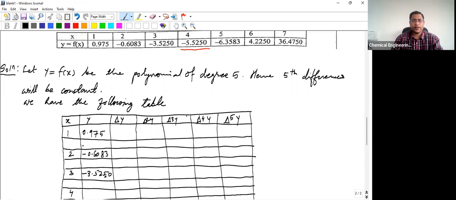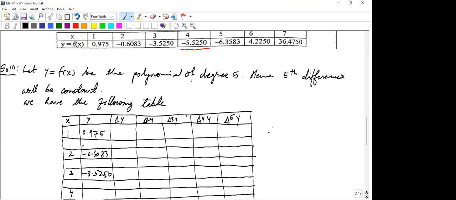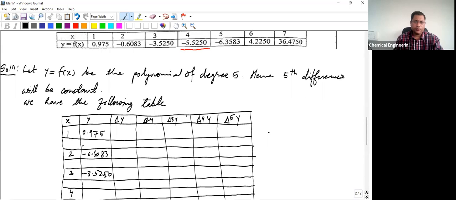So if this value is in error, then we write it as plus epsilon. So it will be minus 5.5250 plus epsilon. This value is in error and we have to correct it.